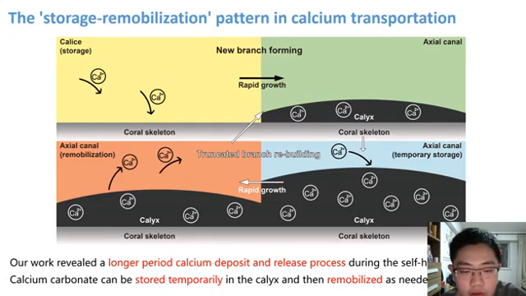The data in our work revealed a longer period of calcium deposit and release processes during the self-healing process, demonstrating that calcium carbonate can be stored temporarily in the calyx and then remobilized as needed for rapid growth. This study expands our understanding of calcium transport patterns in Acropora, which sheds light on the control of calcium carbonate deposition and growth of the exocanal in Acropora.